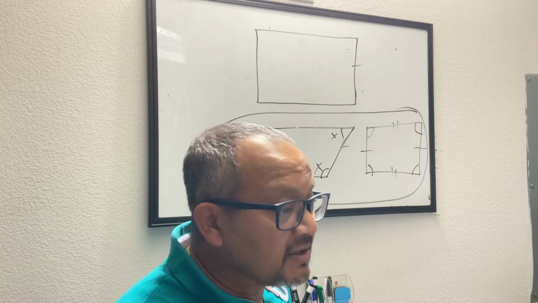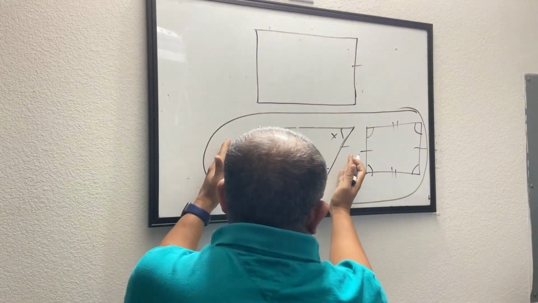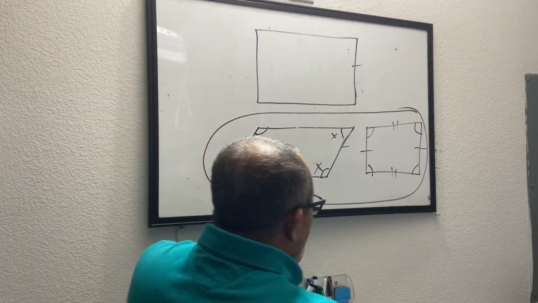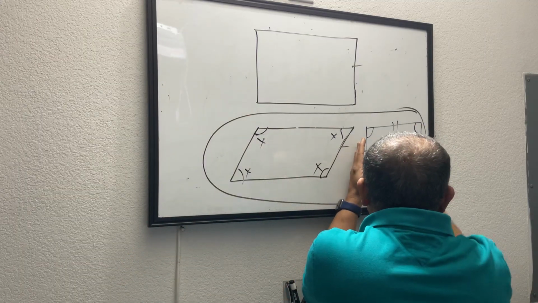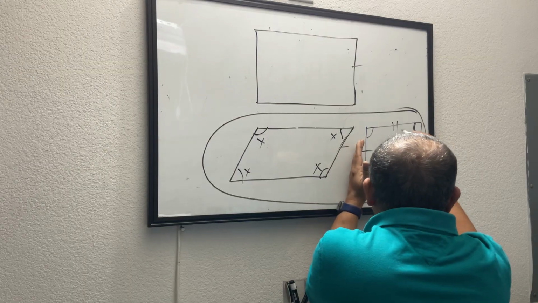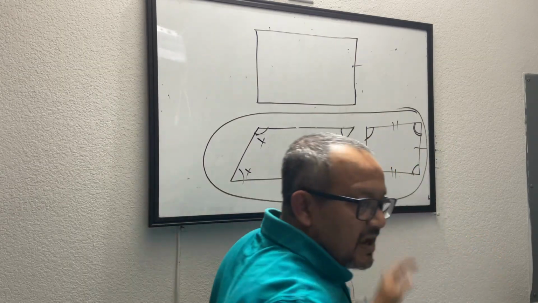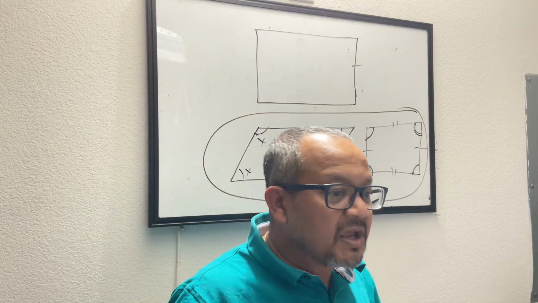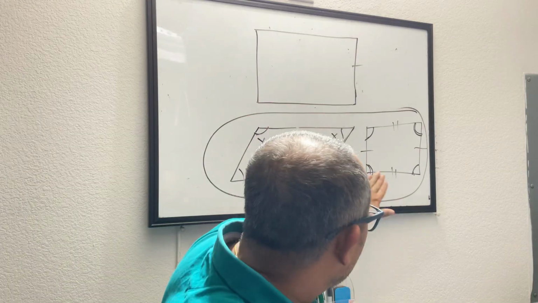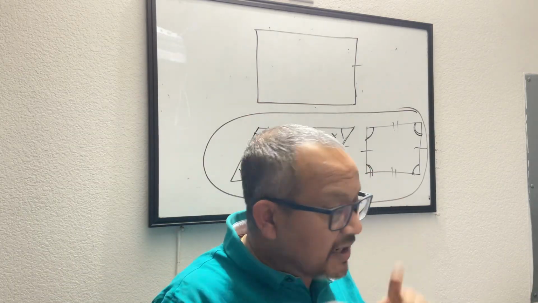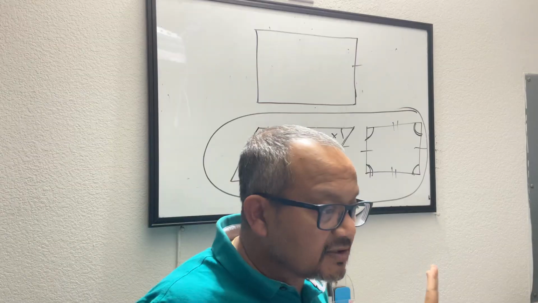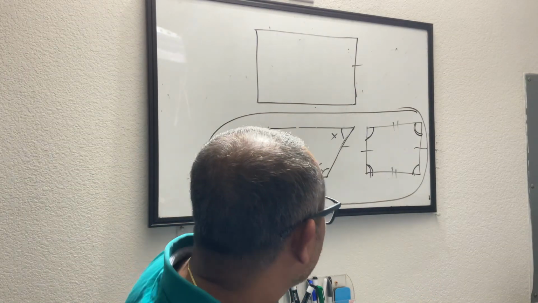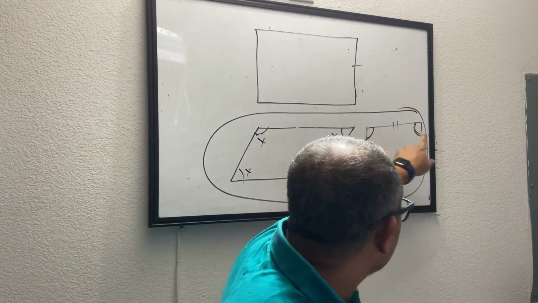So there is one parallelogram type where opposite sides are parallel and equal but the angles are not 90 degrees, and there is another parallelogram where the opposite sides are parallel and equal but every angle is 90 degrees. Parallelogram doesn't talk about angle. If you have all angles 90 degrees, that is also a parallelogram. If you don't, that is also a parallelogram. The only condition is that opposite sides should be equal and parallel. So you are looking at one parallelogram without the angles being 90 degrees and another parallelogram where the angles are 90 degrees.